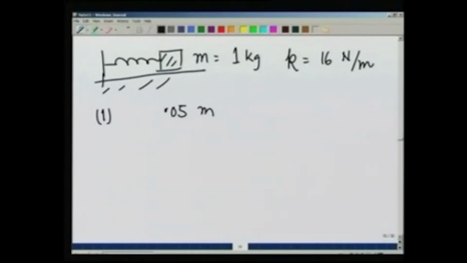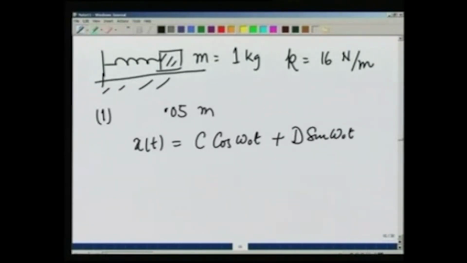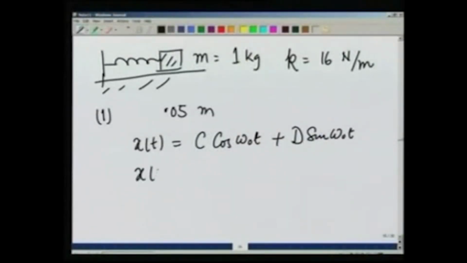Let us see what happens. So in general, the solution x(t) is C cosine of omega 0 t plus D sine of omega 0 t, and as I said earlier, C and D are determined by the initial conditions. Initial conditions given are that x at time t equal to 0 is 0.05 meters, and since we have just released it, x dot at t equal to 0 is 0.